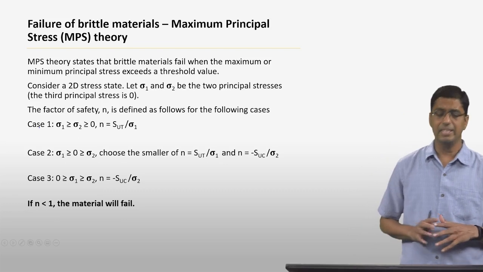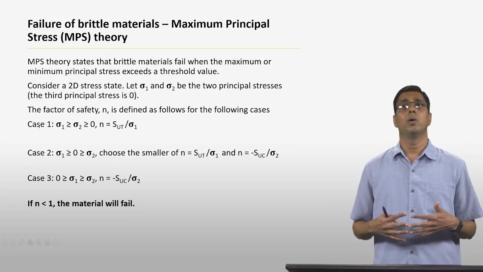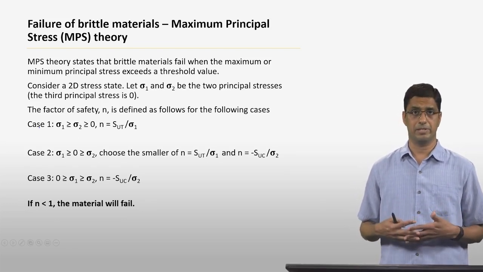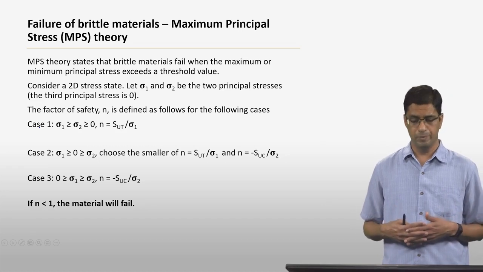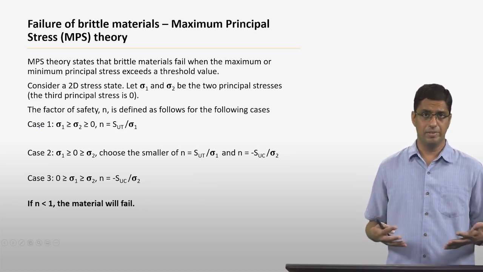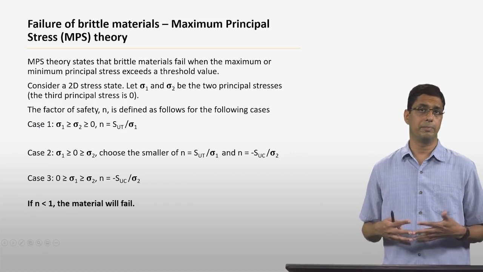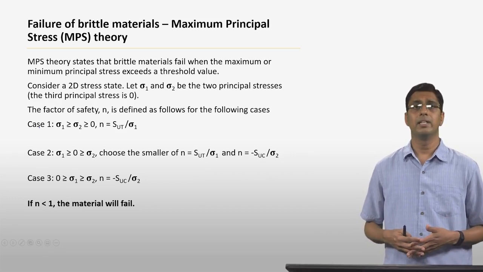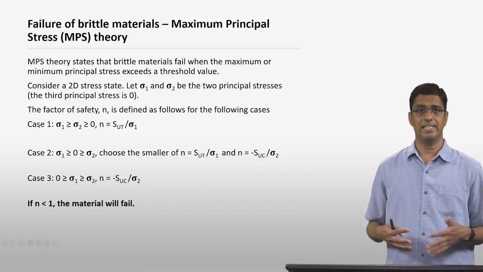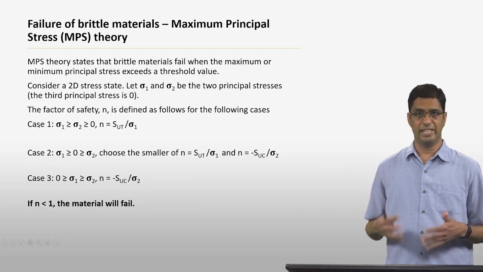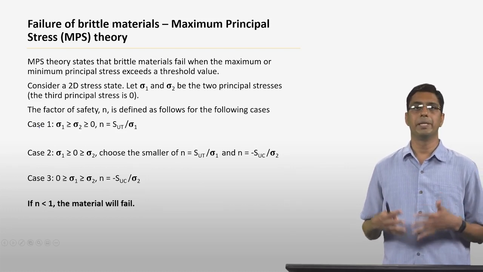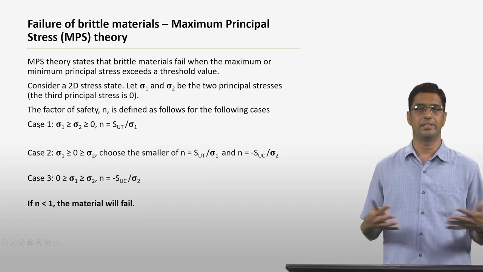Okay. Now, given that we know this, we can look at the maximum principal stress theory for the failure of brittle materials. This is one of the simplest theories out there for predicting the failure of brittle materials. The theory simply states that brittle materials fail when the maximum or minimum principal stress exceeds a threshold.